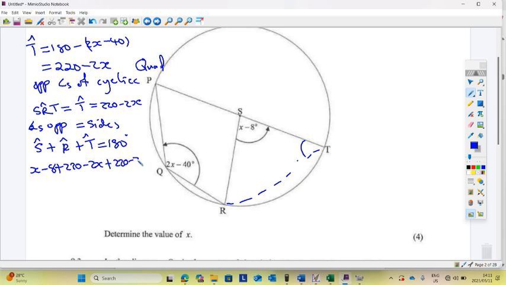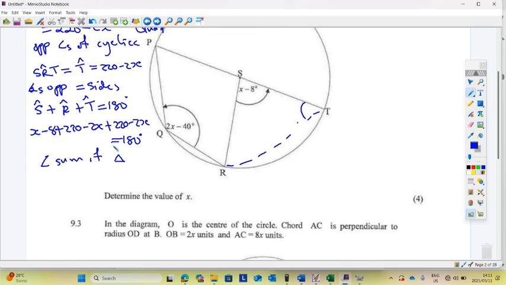These three will give us 180 degrees. The reason for that, angle sum of a triangle.